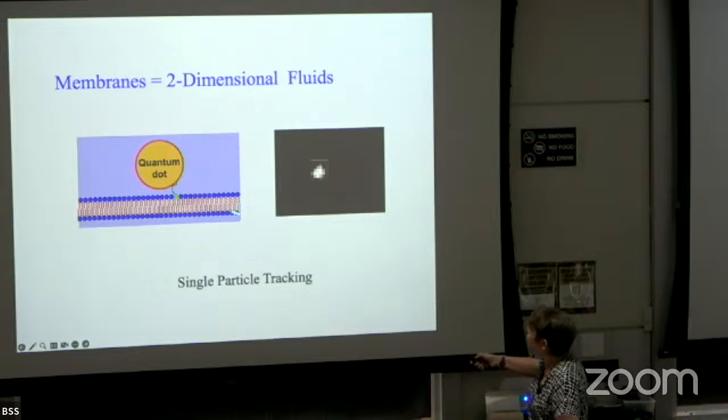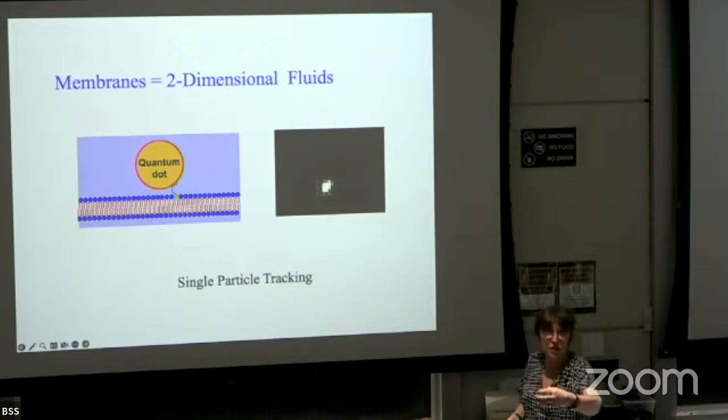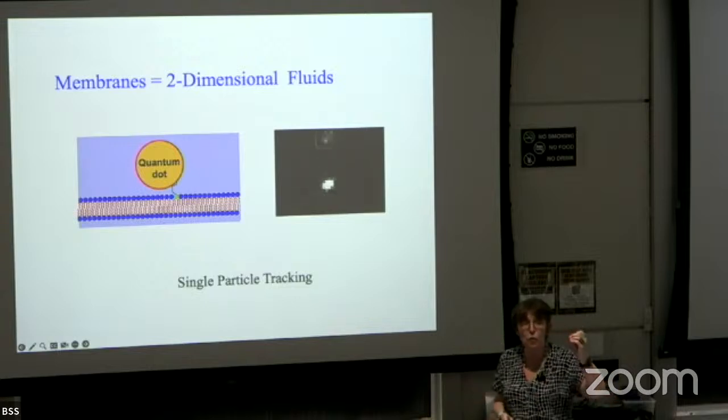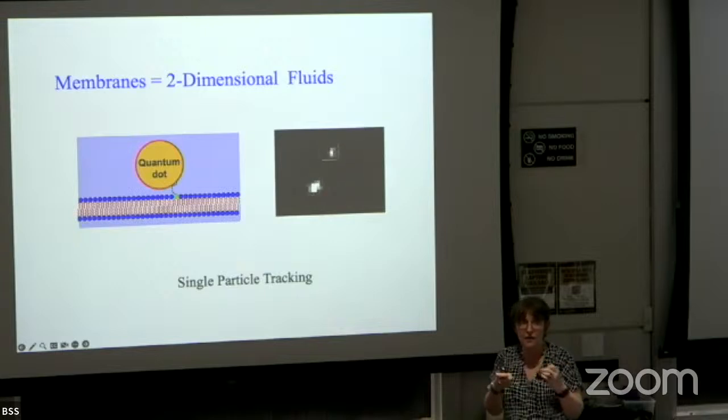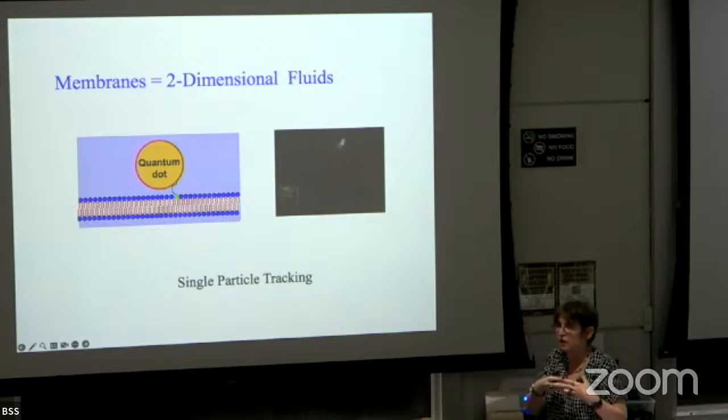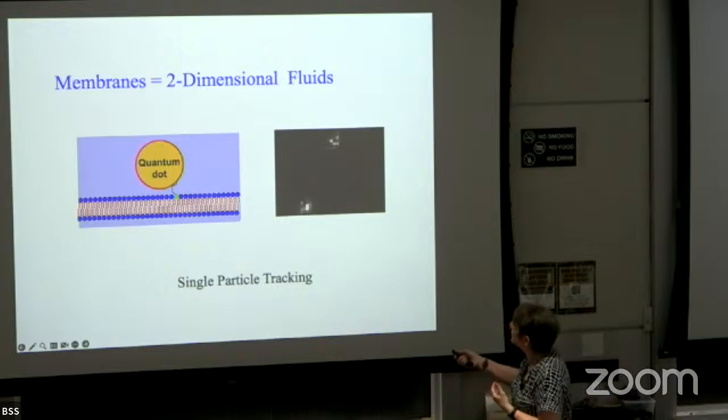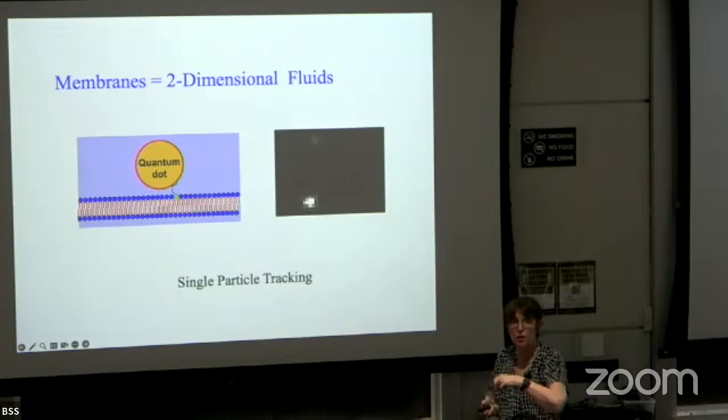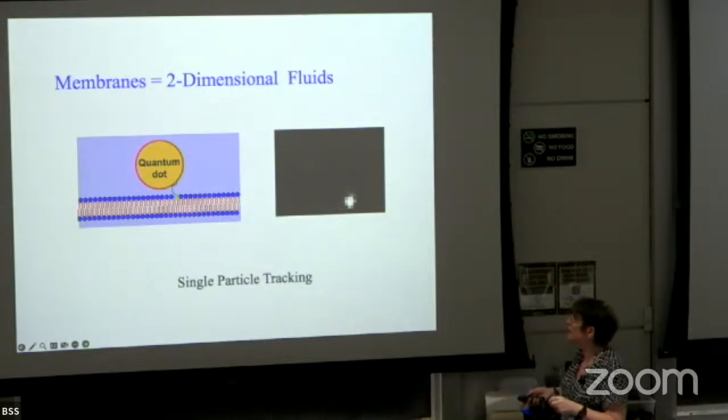Here, there's the case where quantum dots have been added to a protein. So it means that you have a way to probe that the membrane is not a purely frozen material, but a fluid system, simply by tracking the position of lipids or proteins in the cell.